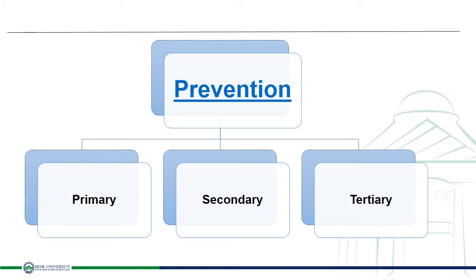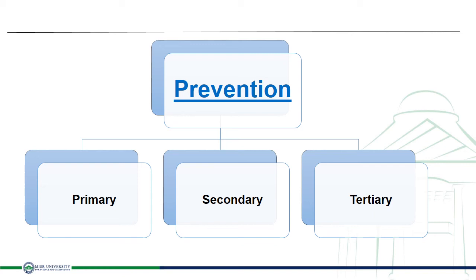The third type of prevention, or the third level of health care, is concerned with promotion of independent function and the prevention of further disease-related deterioration.